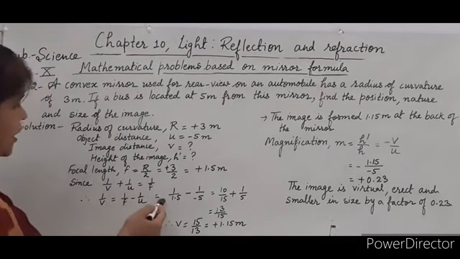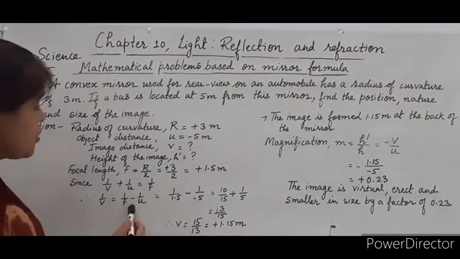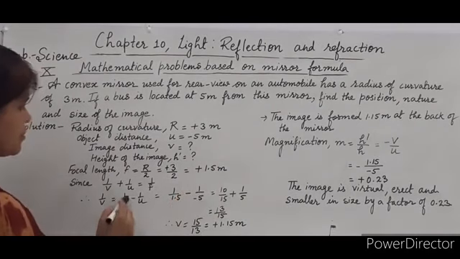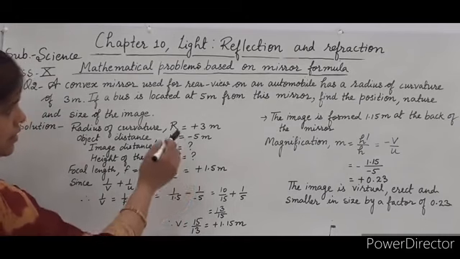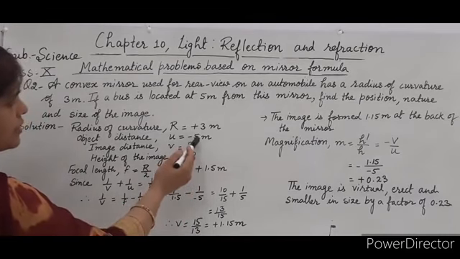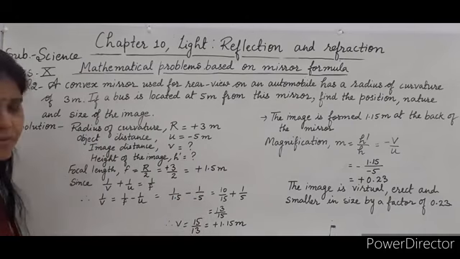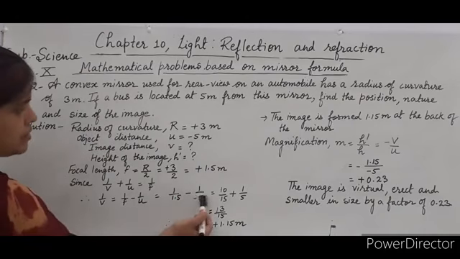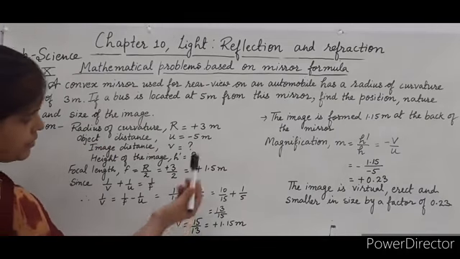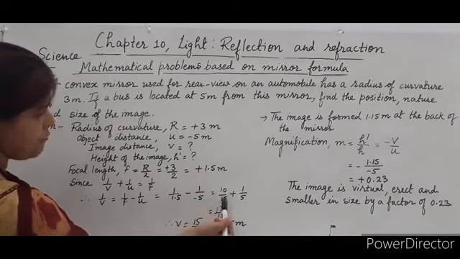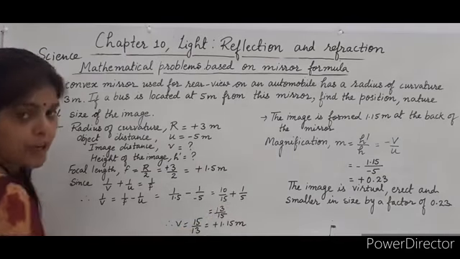So f is equal to 1.5 meter, and u is equal to minus 5 meter. So 1 upon 1.5 minus 1 upon minus 5. Now minus minus plus. By omitting the decimal, it becomes 10 upon 15 plus 1 upon 5.